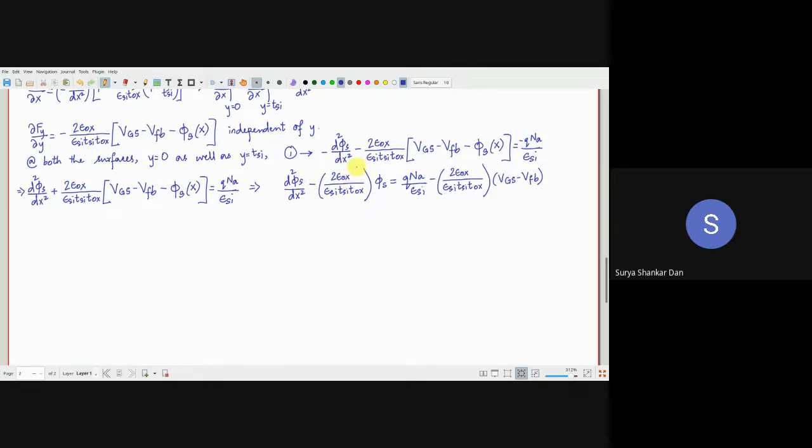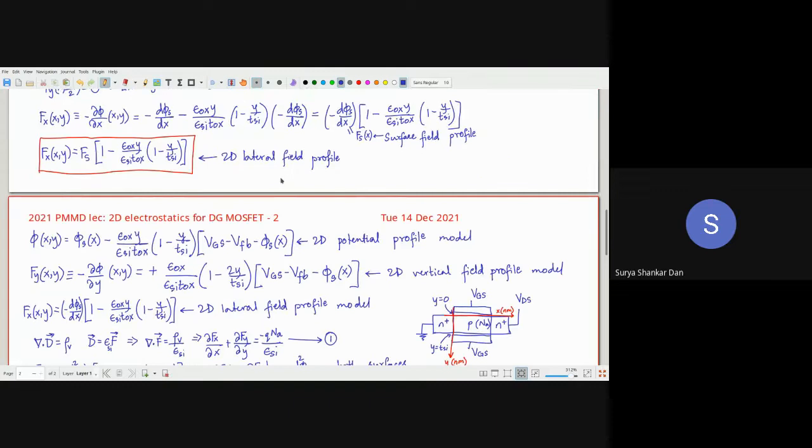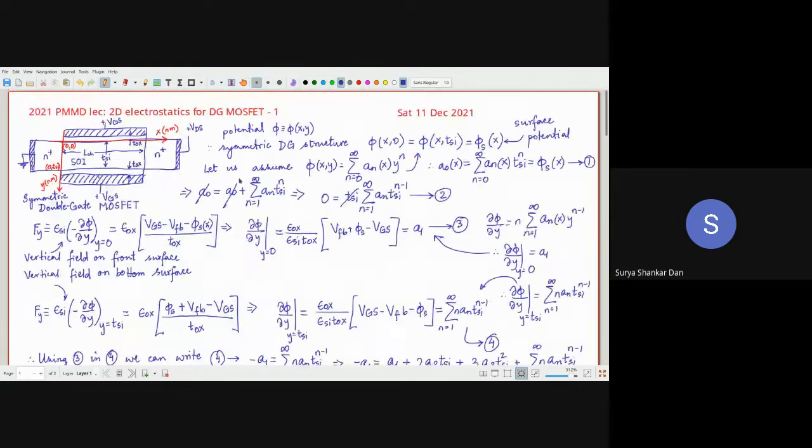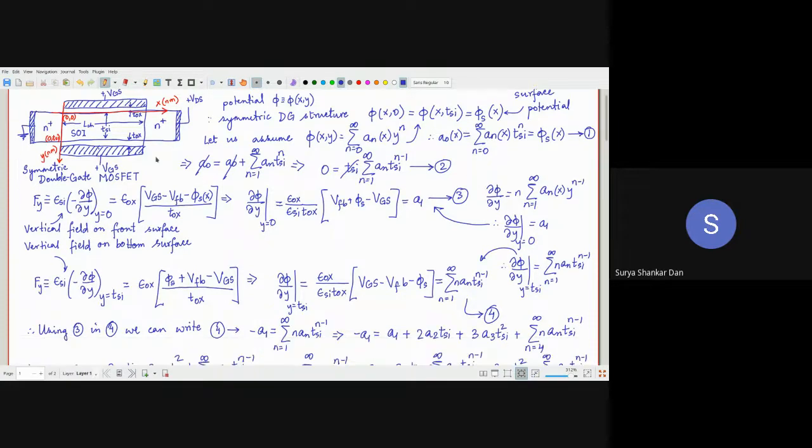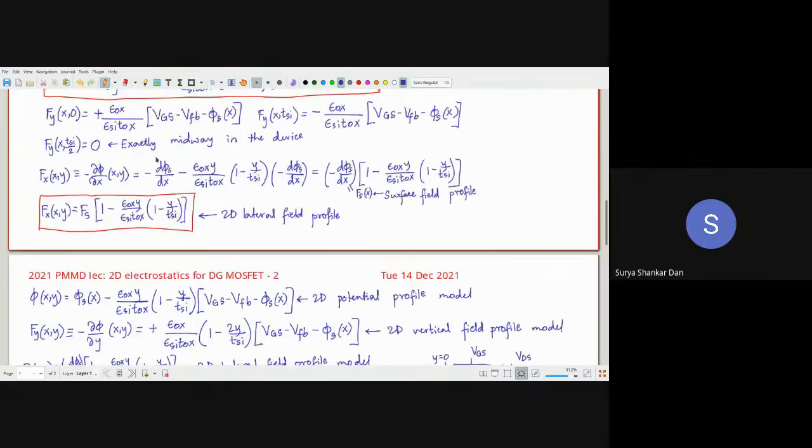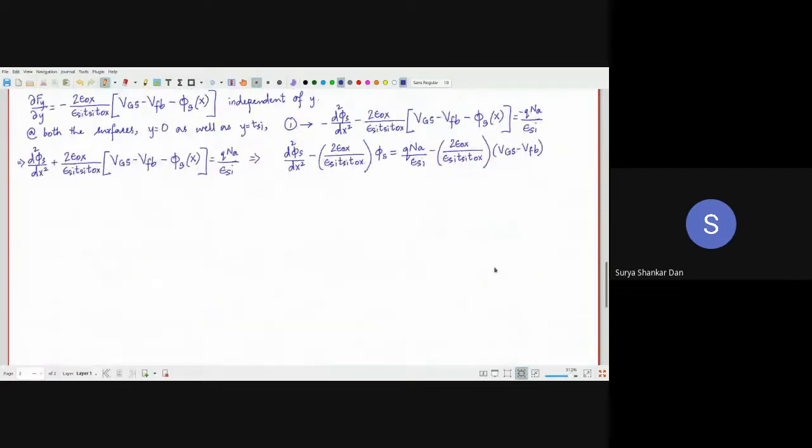So that is the reason why, as I said, whatever we are going to do is the complete modeling of the DG MOSFET. However, we are not going to go for the current modeling, but I'll tell you how to do it for those of you who are really interested. But this electrostatics will give you a lot of insight into the device. So that's the reason why I'm doing this as part of this course.